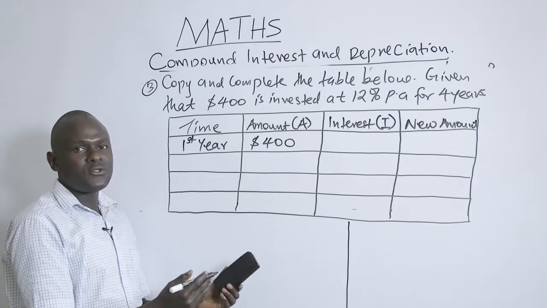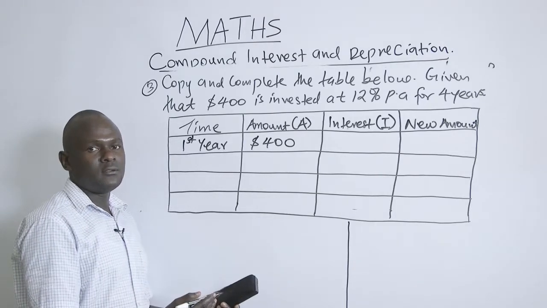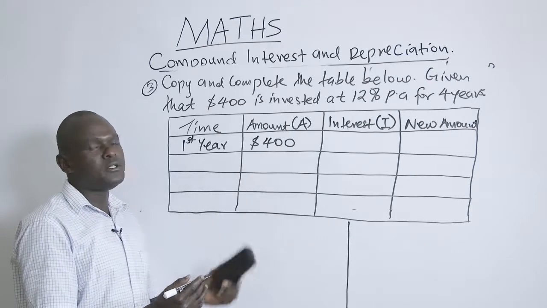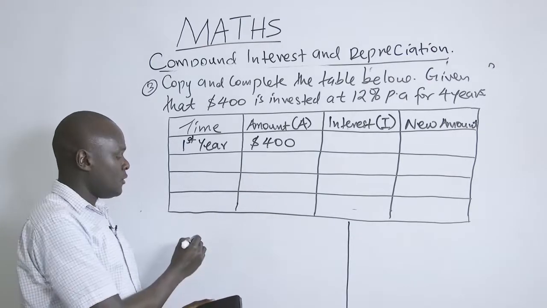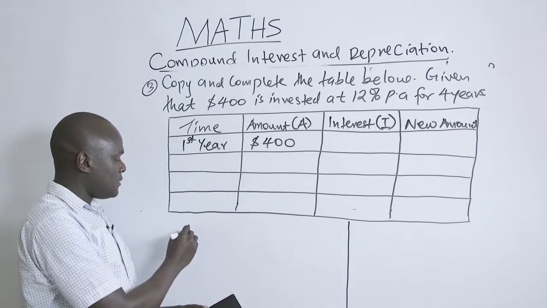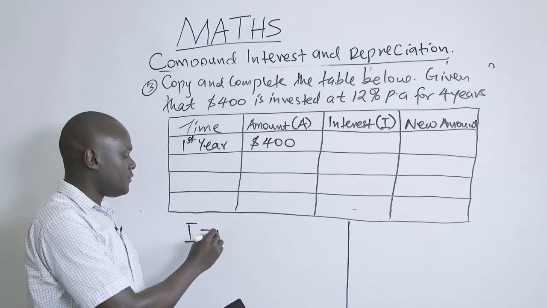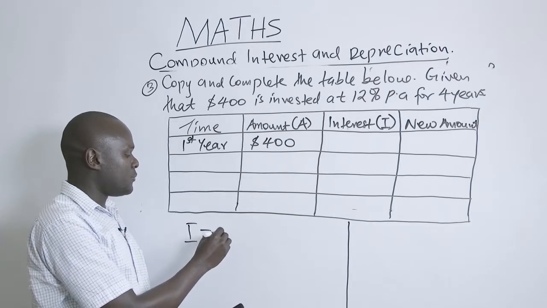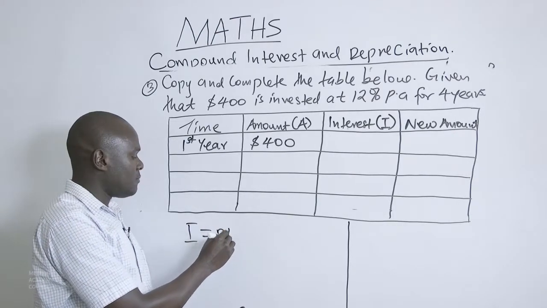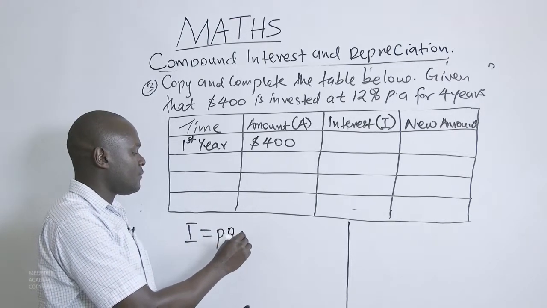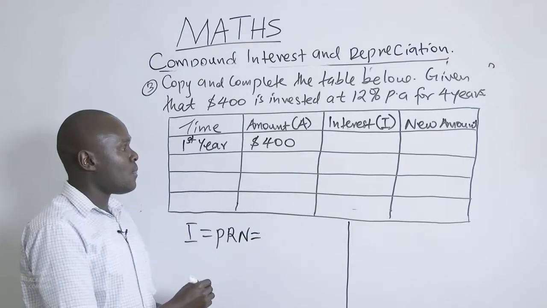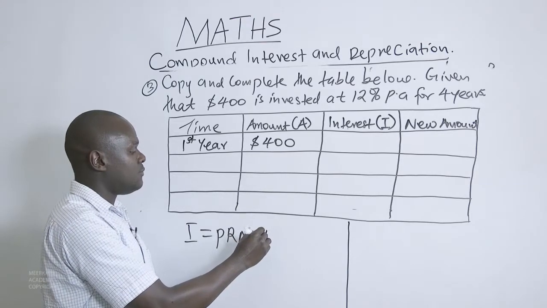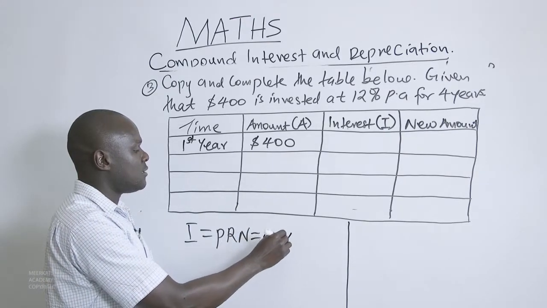So we are still using the simple interest formula, the updated simple interest formula, to fill this table. So we go ahead and write down our simple interest formula, which is the interest being the product of the principal, the rate, and the period. And in this interest, we have our principal as 400.